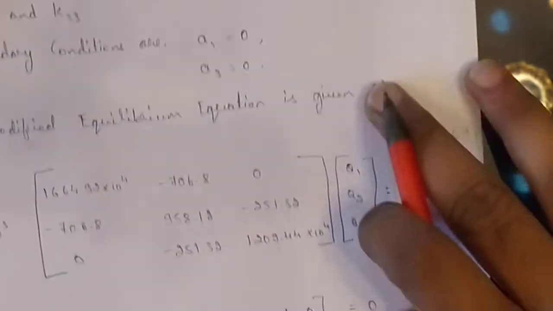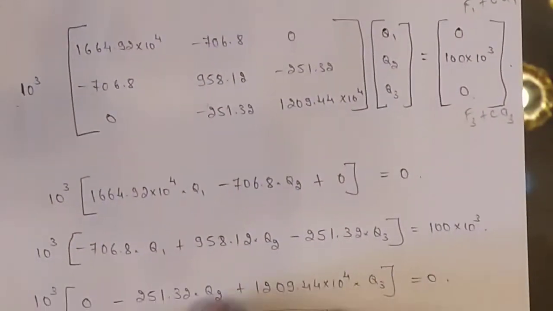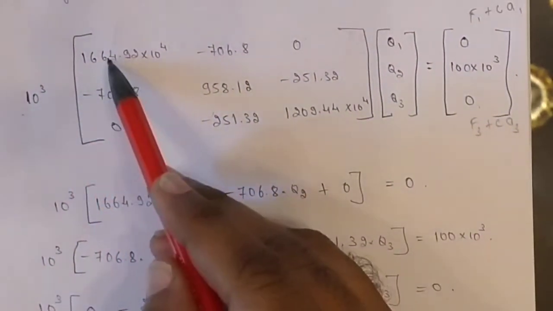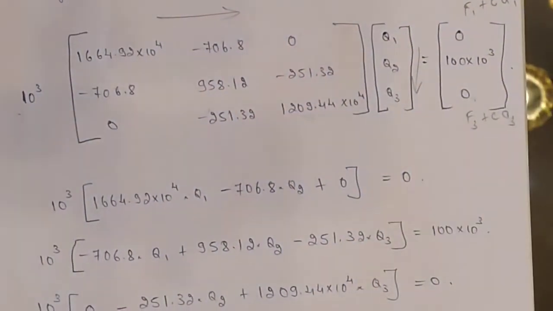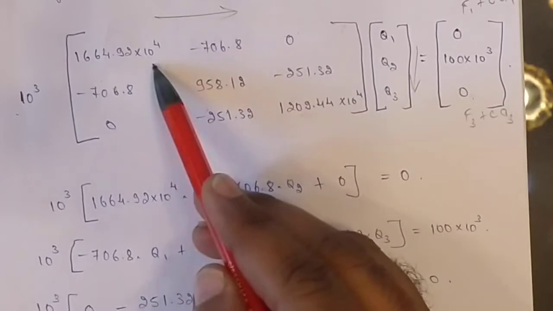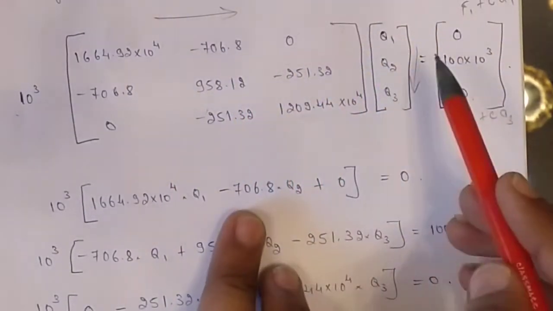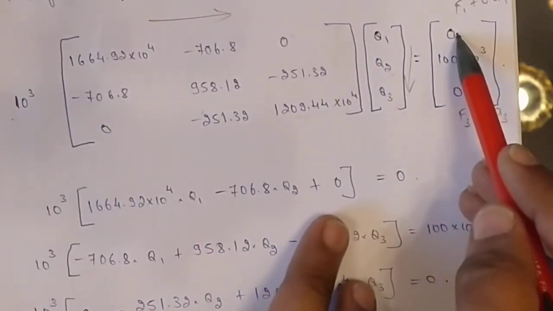Okay. Now multiply this matrix and try to solve this equation. So 10 power 3 common, row into column multiplication: 166.9 into 10 power 4 into Q1 minus 706.8 into Q2, 0 into Q3 is 0, is equal to 0.